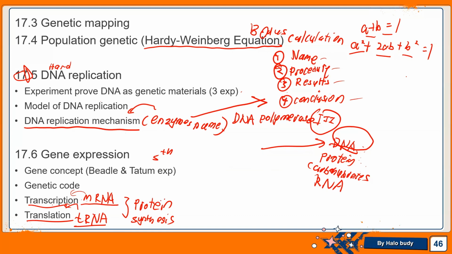You don't need to know, I just want to mention it. So this is just the protein synthesis process, because we need these two processes to synthesize the protein for our body.